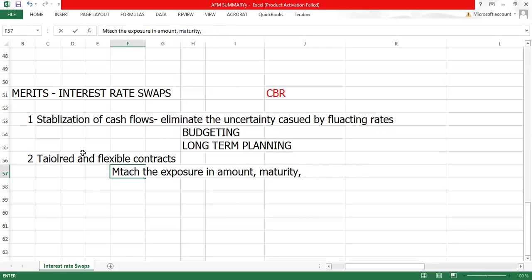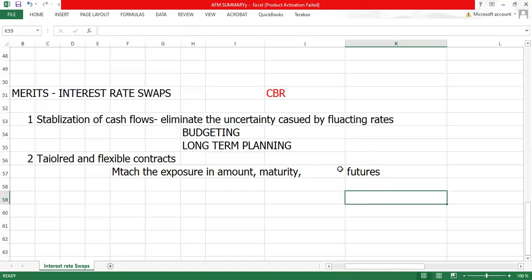Now you realize that when you're using futures, sometimes the timing affects you, because these are on the market. There is March, June, September, December. So because these are standardized, there is no flexibility when it comes to futures and options.